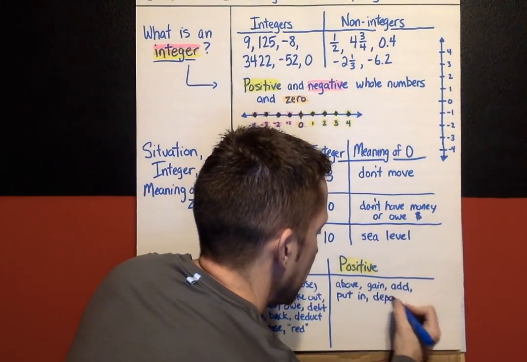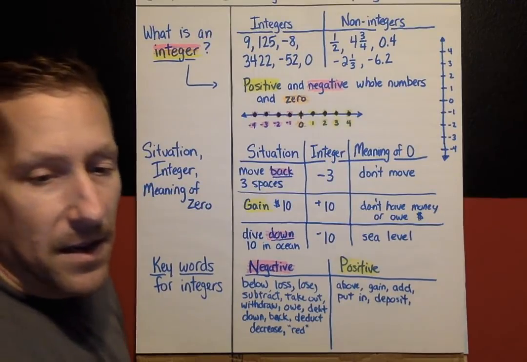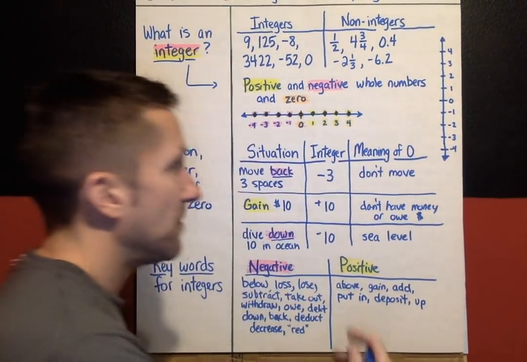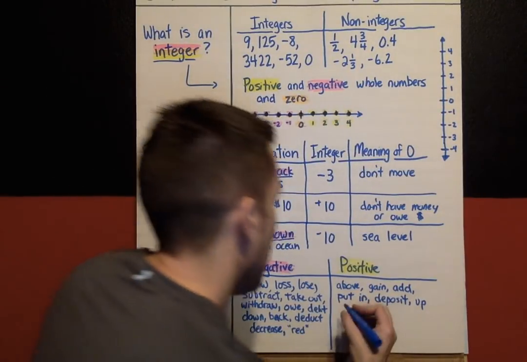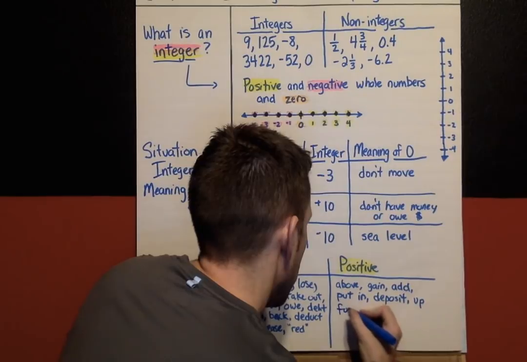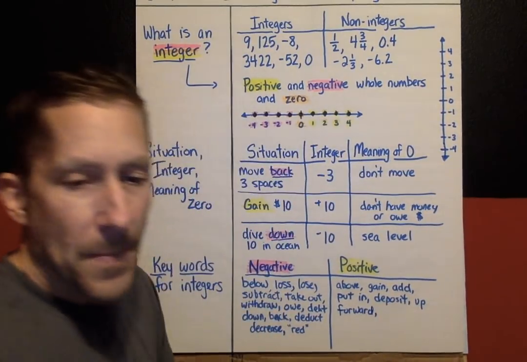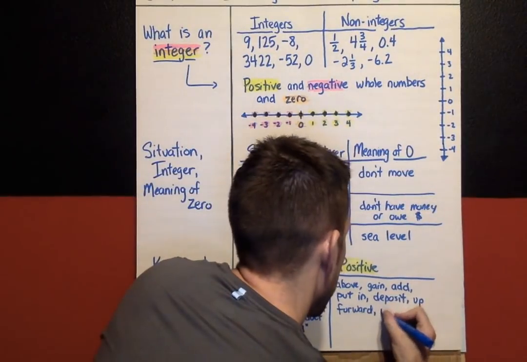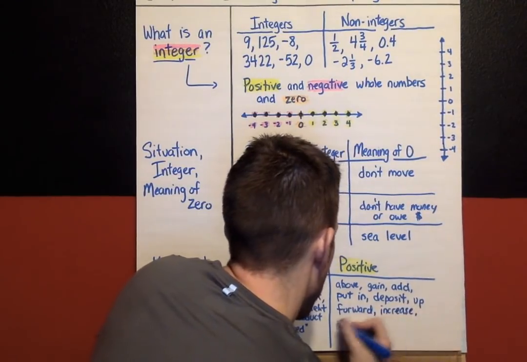If you make a deposit to your bank account, that's going to be a positive. Up. If you think about elevation, if you move up, that's going to be a positive situation. Forward. What else? Increase. Earn.